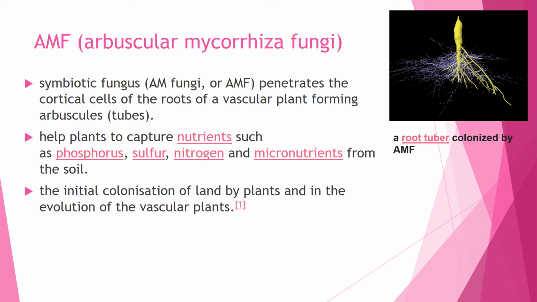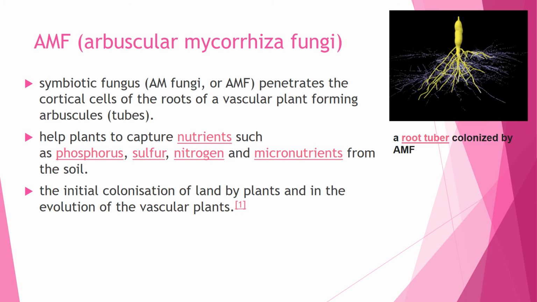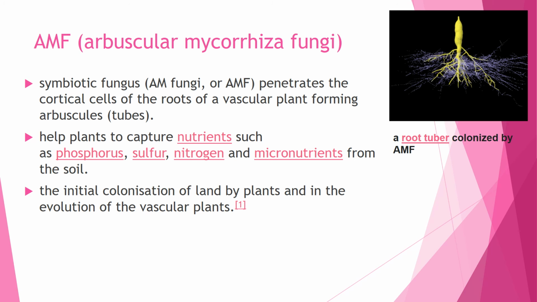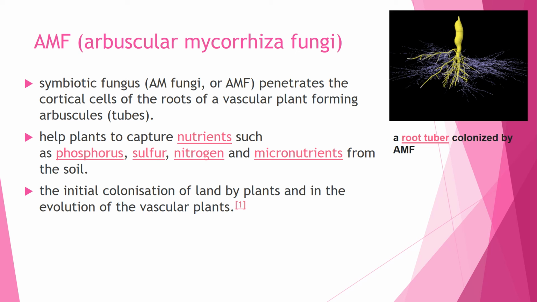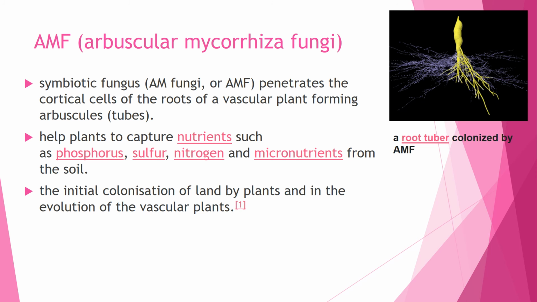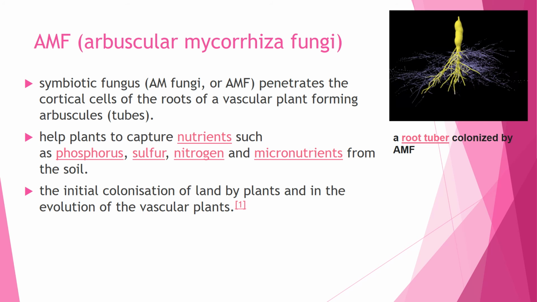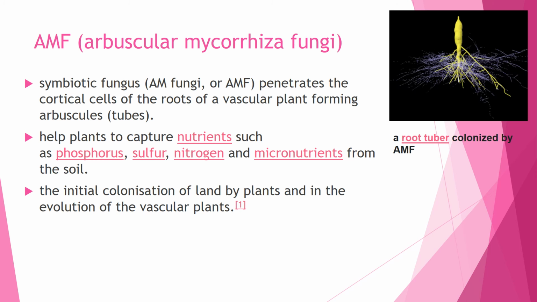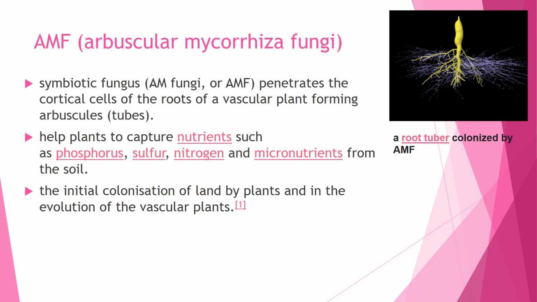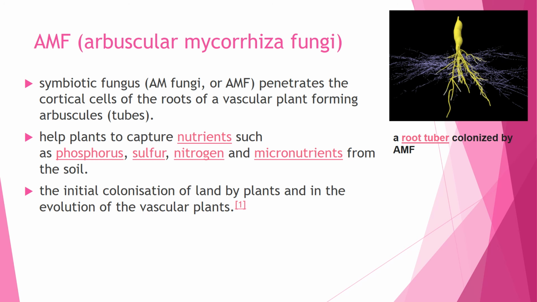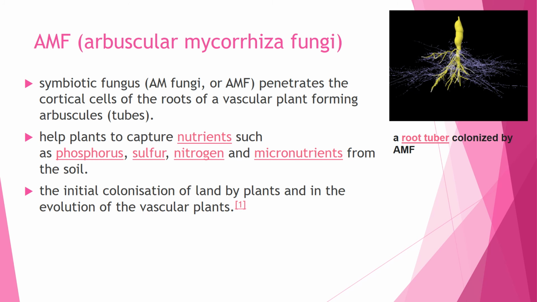So we like to call it symbiotic fungi, which penetrates the cortical cells of the root. This is the outer layer of the root of a vascular plant, forming arbuscular tubes. Yeah, see, it can even penetrate certain parts of the root to make the transfer of the nutrient from the soil to the plant much more efficient.